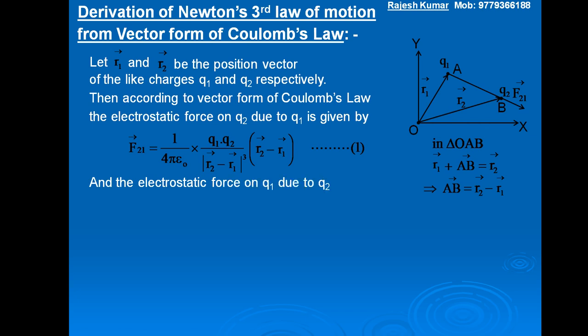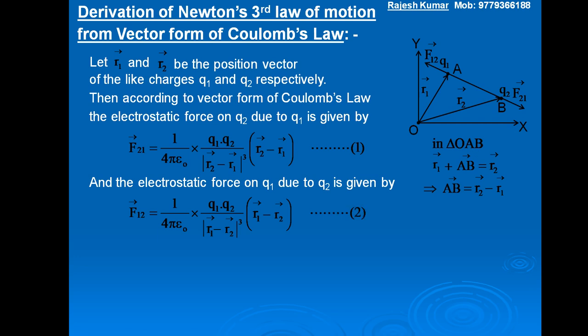and the electrostatic force on Q1 due to Q2, see in the diagram, this is force F12, is given by F12 vector is equal to 1/4 pi epsilon naught into Q1 into Q2 upon mod cube of R1 vector minus R2 vector into R1 vector minus R2 vector.